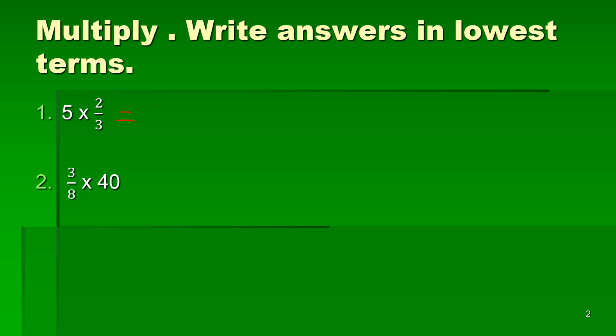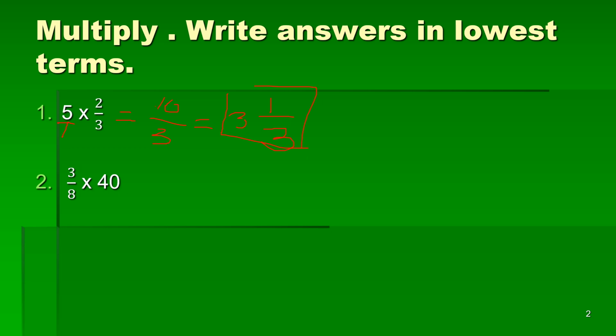We can answer this directly because 5 has a denominator of 1. So side by side, 5 times 2 is equal to 10. 1 times 3 is equal to 3. So how many 3's in 10? So that's 3 and 1/3. Okay, 3 and 1/3 is the final answer and it's already in lowest terms.